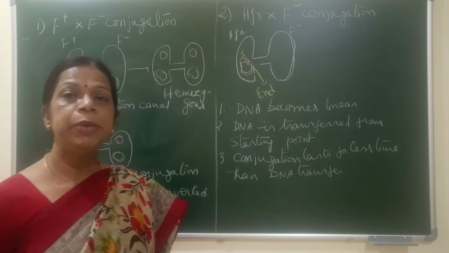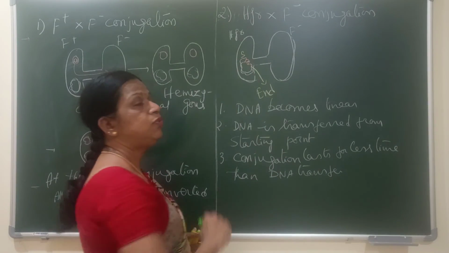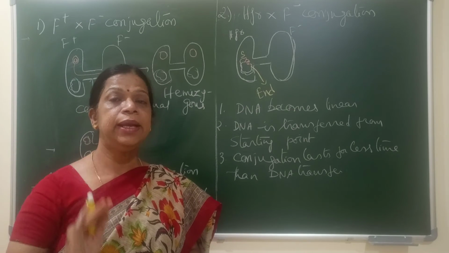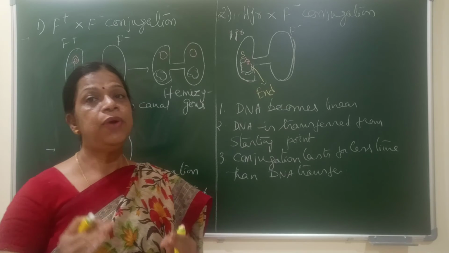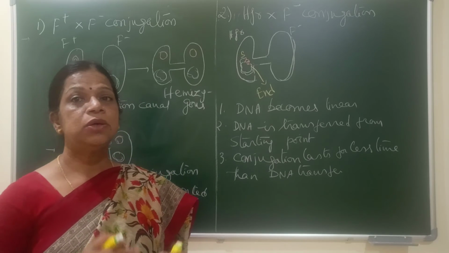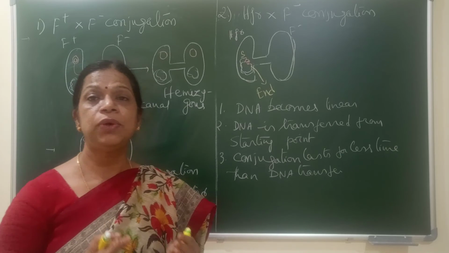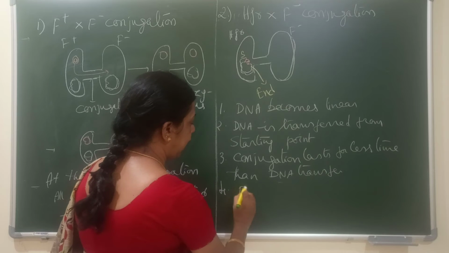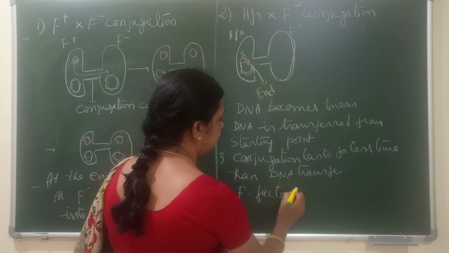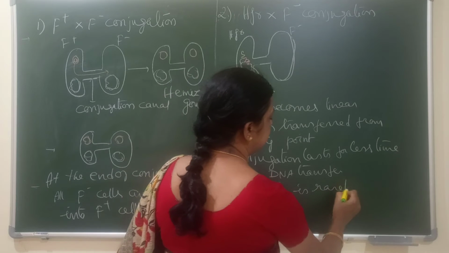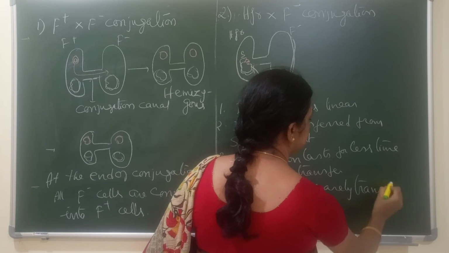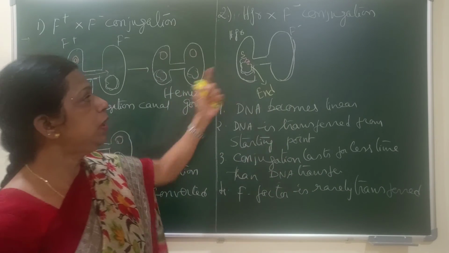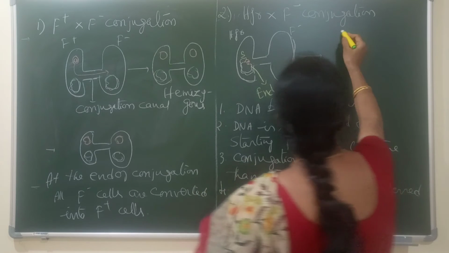So as a result, only some part of the DNA will be transferred, and the F factor may also be located at the end. When the F factor is located at the end, almost all the time there is no transfer of the F plasmid. So the F factor is rarely transferred, but just some amount of DNA can be transferred.